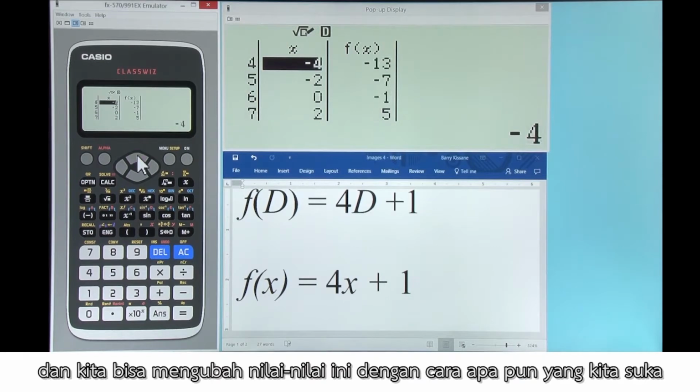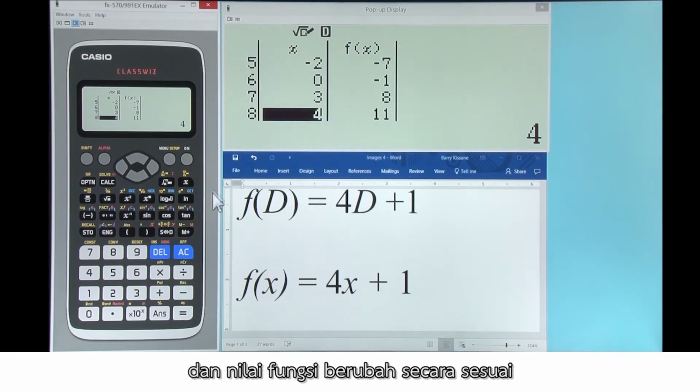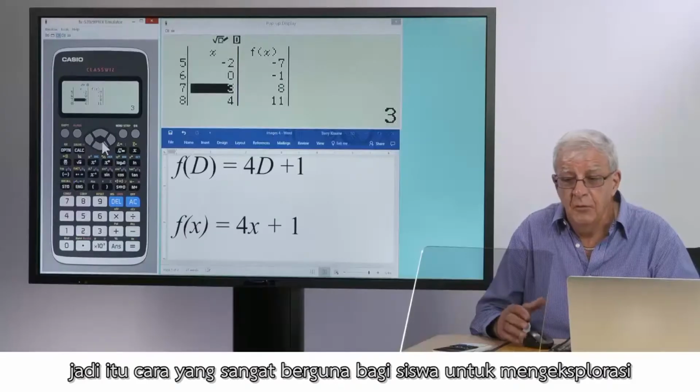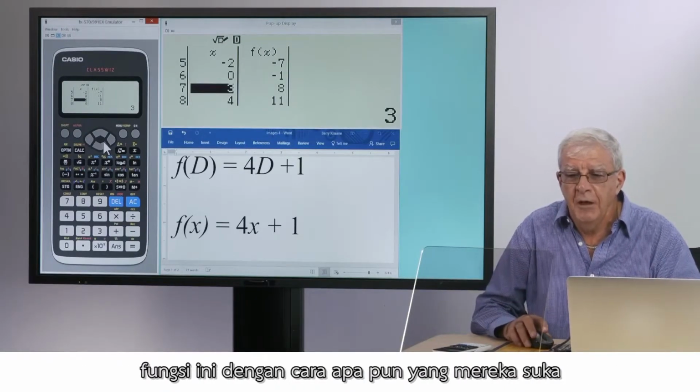And we can change any of these values in any way that we like, so we can change the 2 to, say, 3, and the value of the function changes accordingly. So that's a very handy facility for students to explore this function in whatever way they like.